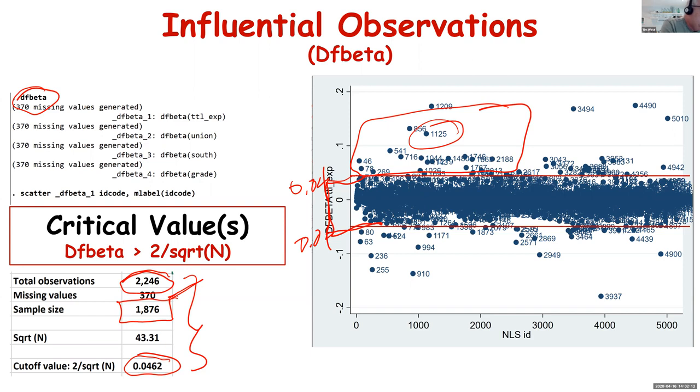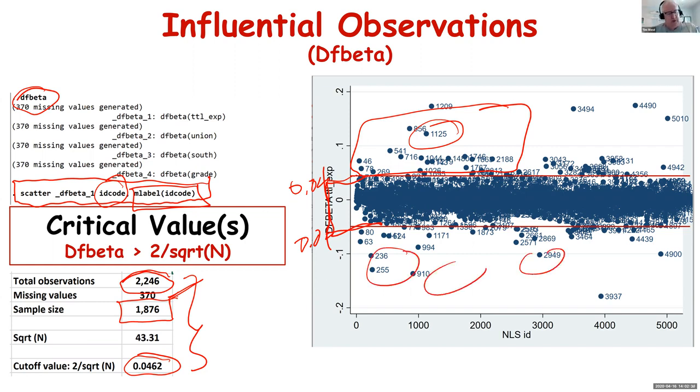The reason we got that is that when I scattered it, I asked it to code the individual observations and label them with that variable. That way you can get a better sense of what some of these outlying observations are, and what leverage they are putting on your data set.